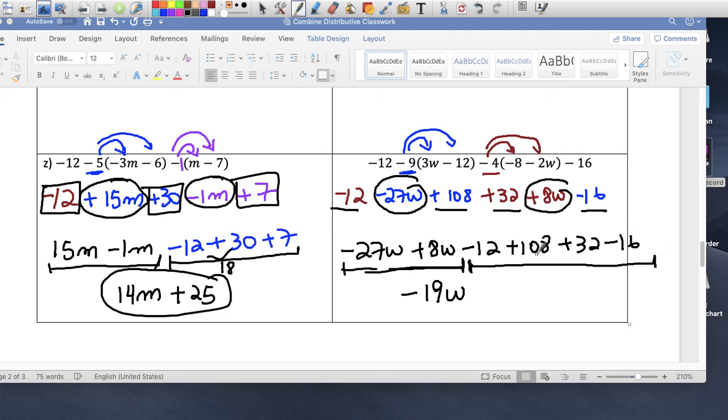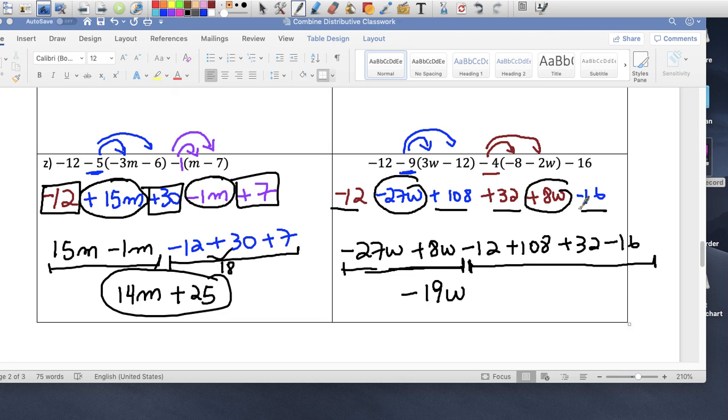Ugh, negative 12 and... I can do this. I can do this. Negative 12 and 108 is, I have no idea. A little bit too late. Negative 12 plus 108. It's going to be 96 positive. 96 positive plus 32 is going to be... no. Hang on a second. Negative 12 plus 108 is going to be 96.